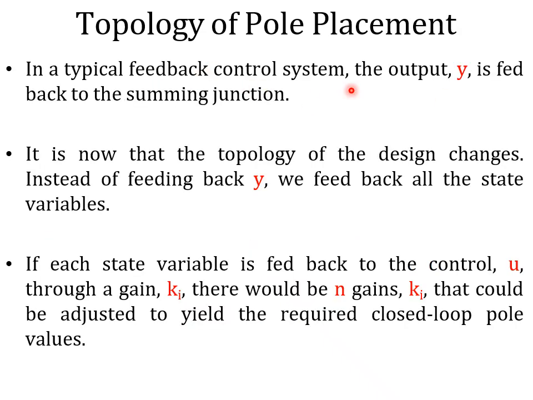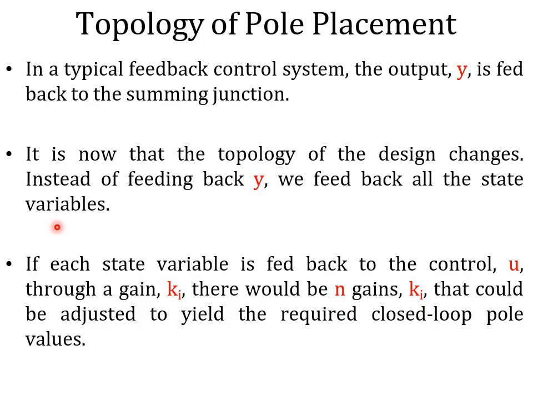In a typical feedback control system, the output is fed back to the summation junction to compare it with the reference signal. Now the topology of the design changes. Instead of feeding back y, we are feeding back the state variables.